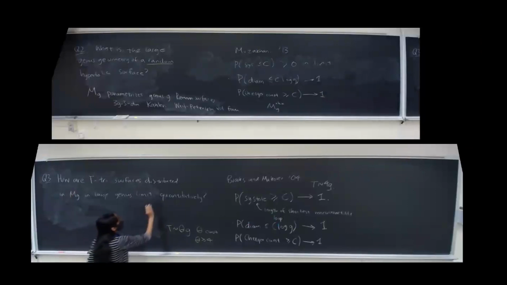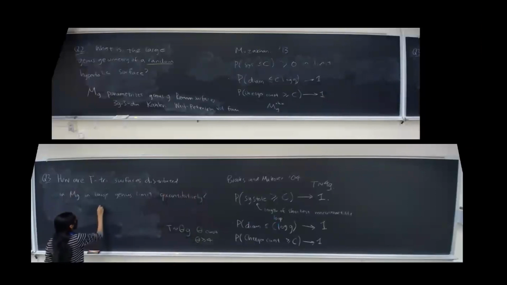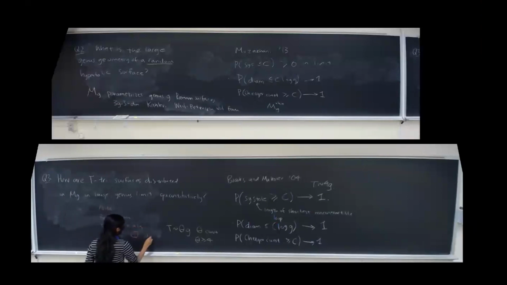By the way, if you forget about the word quantitatively for a moment, maybe I'll just mention it as an aside. Belyi's theorem says that triangulated surfaces are exactly algebraic curves defined over Q bar, and Q bar is dense in C. So if you forget about conditions on T for a moment, just take all the T, this is dense in moduli space, topologically speaking.